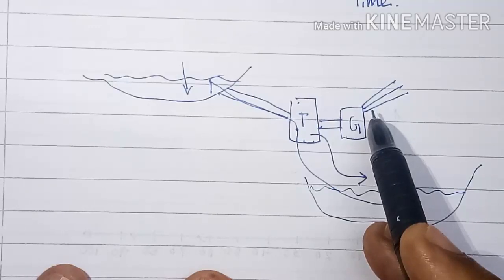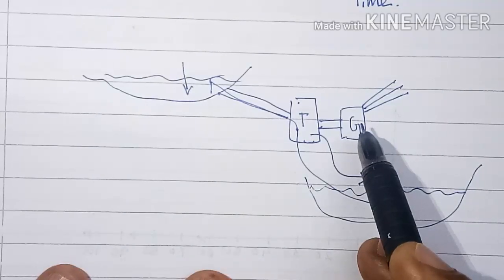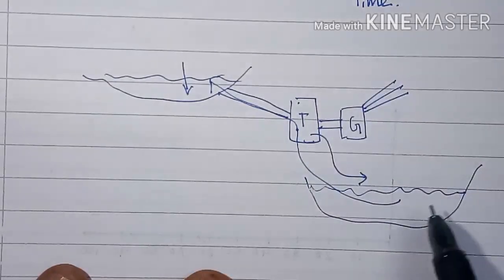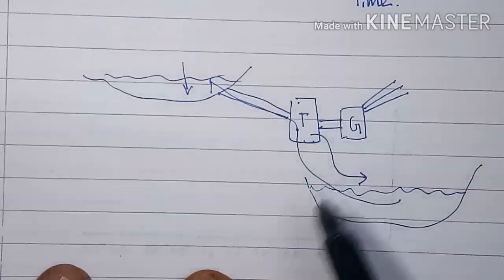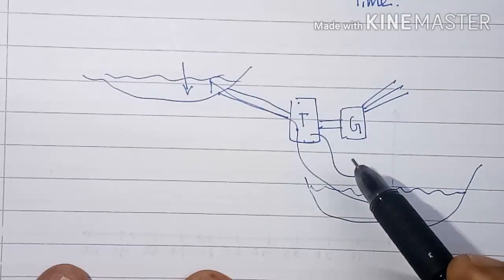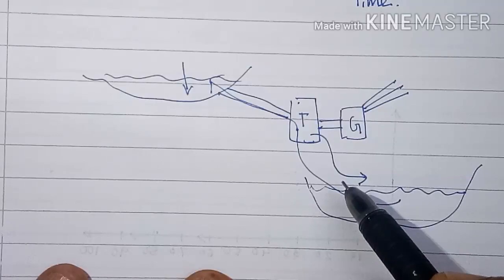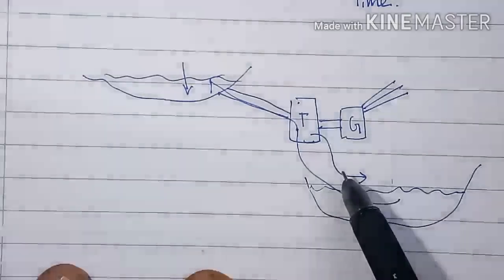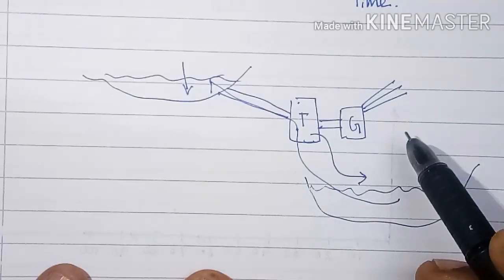During off peak load hours, this generator will be made to operate as an electric motor. Then this turbine will lift the water from this lower reservoir to the upper reservoir. So again, during next peak load hours, this generator will generate power. That means the same water is used many times here. This is called as water recycling. And such type of power plant is called as peak load power plant.